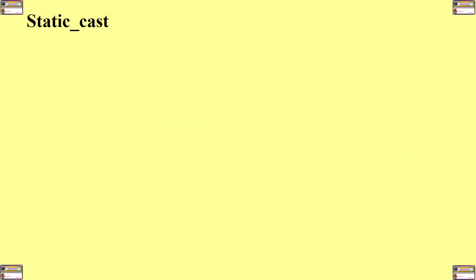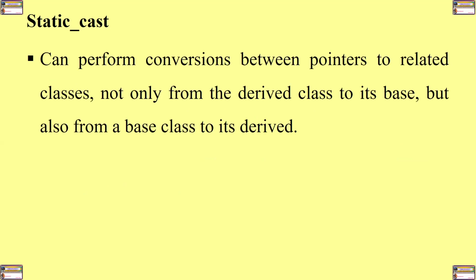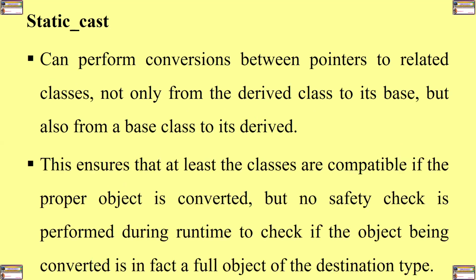Let's now look at what we call static_cast. Static_cast is used to perform conversions between pointers to related classes, not only from the derived class to its base, but also from a base class to its derived class.